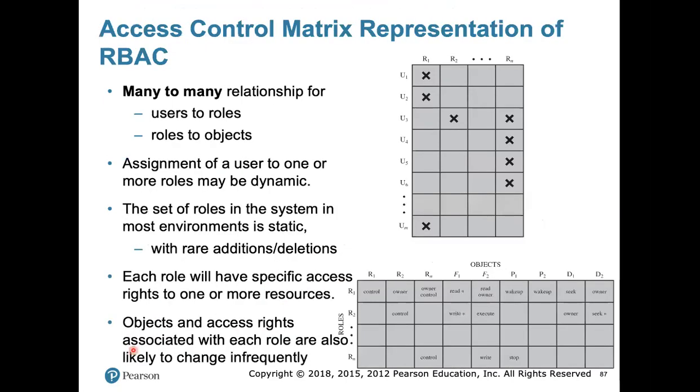Okay, here is the access matrix of role-based access control. Here we have some roles, let's say role 1 to n, and users 1 to m. These are our users. And in this table, we just say, okay, user 1 is assigned to role 1.